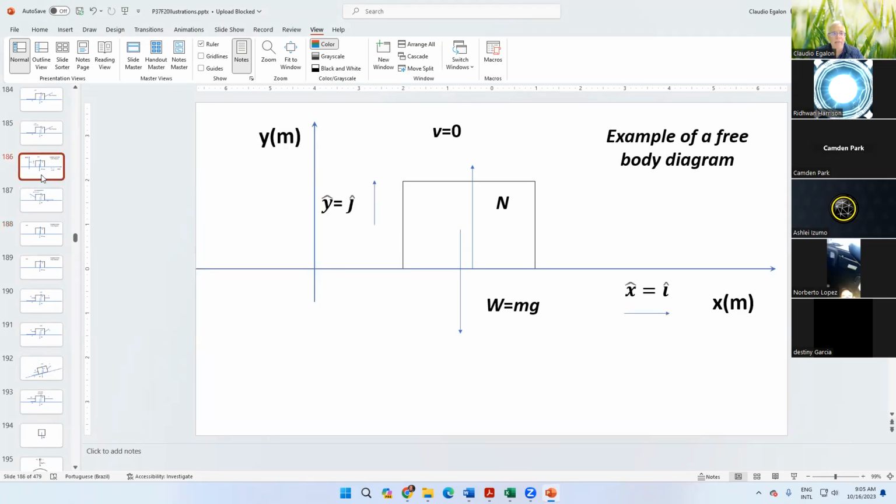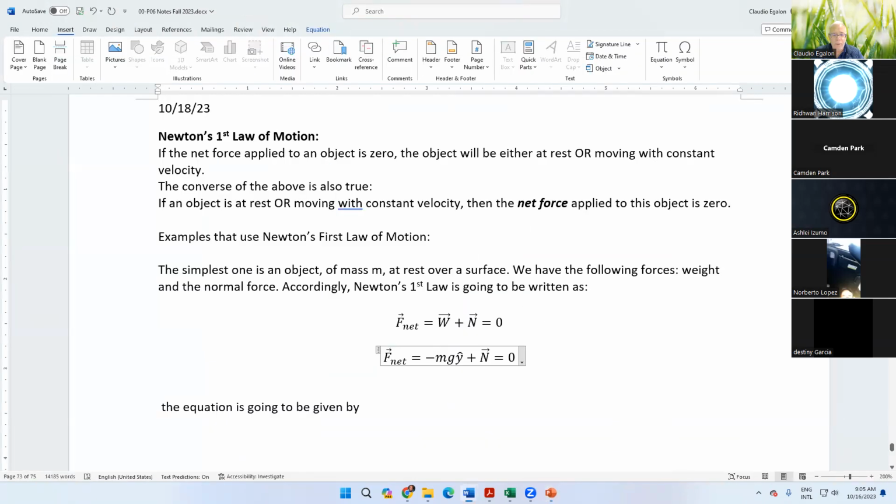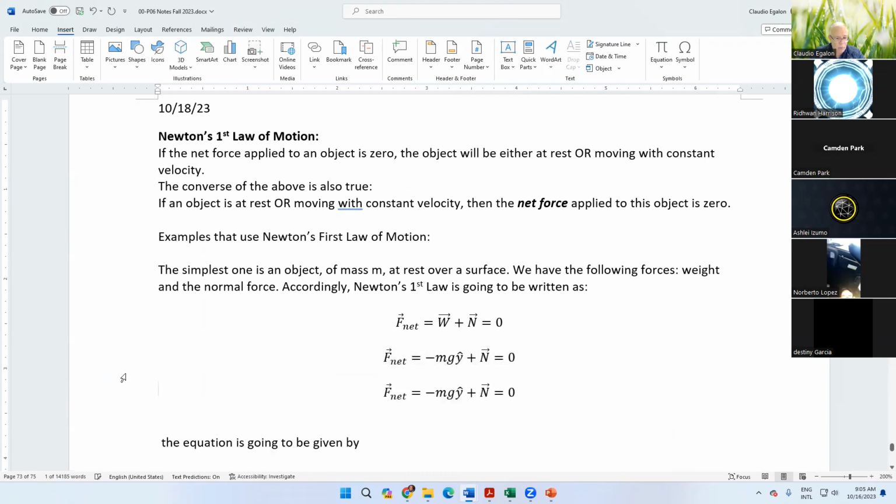Here you go, that's the drawing that I have. The weight is downwards, the normal is upwards. No forces along the x-axis, right? So if I ask you what is going to be the value of the normal in this case, the normal is going to coincide with the weight. The only difference is that it's going to be upwards because it has to cancel the weight. Okay?